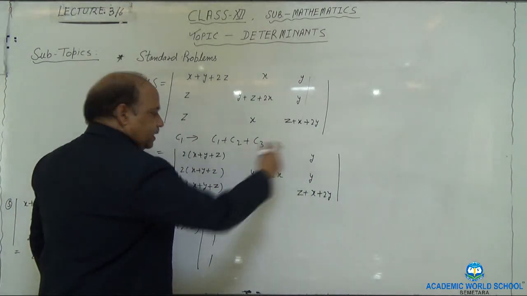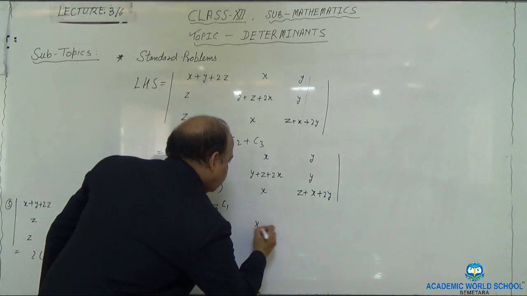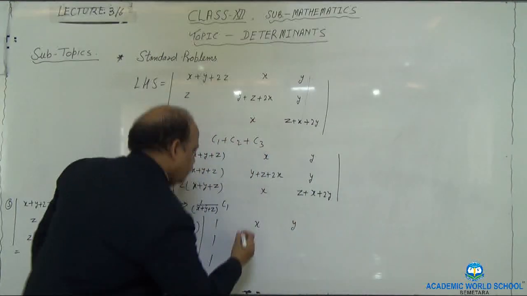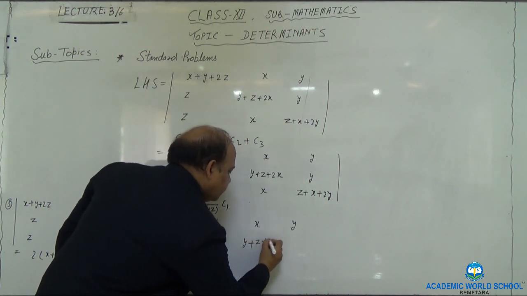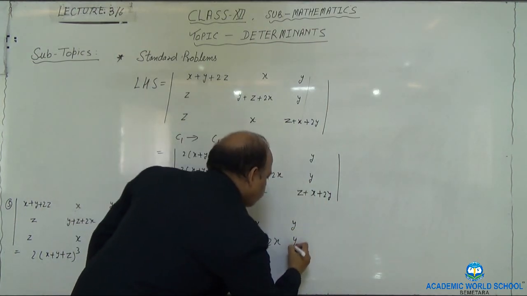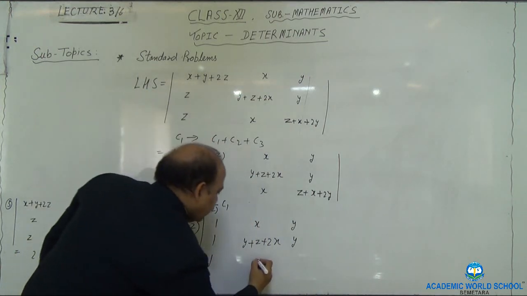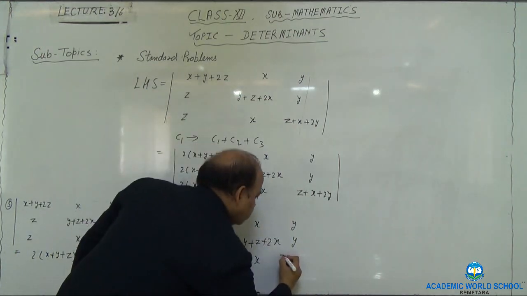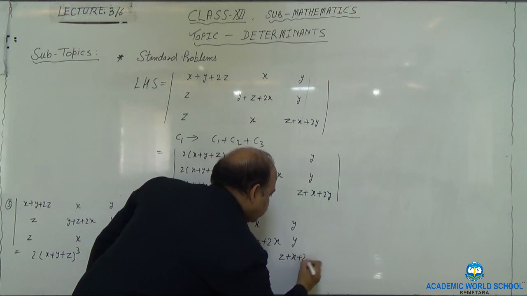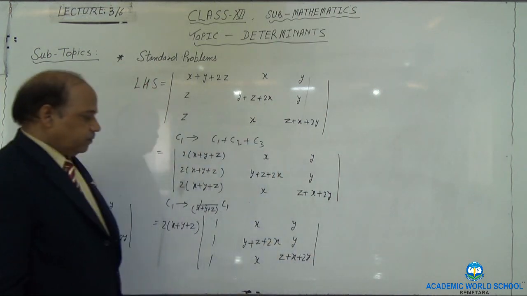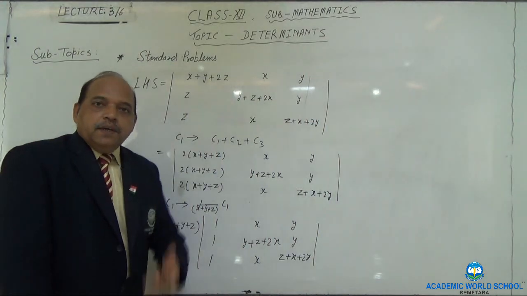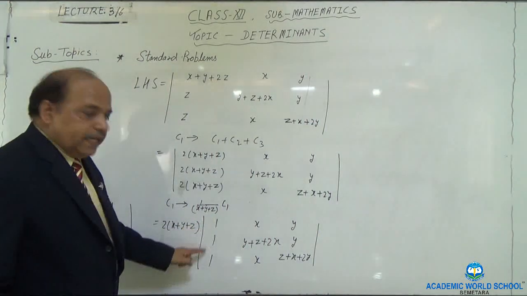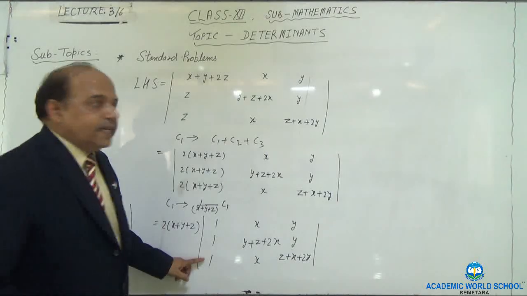There is no change in other parts, so it will remain as it is: x, y, then y plus z plus 2x, y, and then this will remain as it is: x, z plus x plus 2y. Now we have got 1, 1, 1. What is the best way? Create 2 zeros. Easily you can create 2 zeros. So what is the next step?